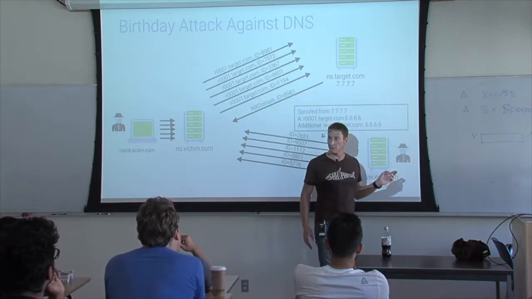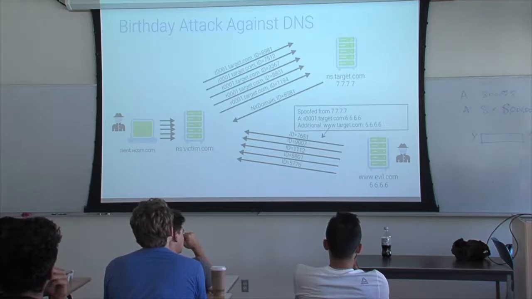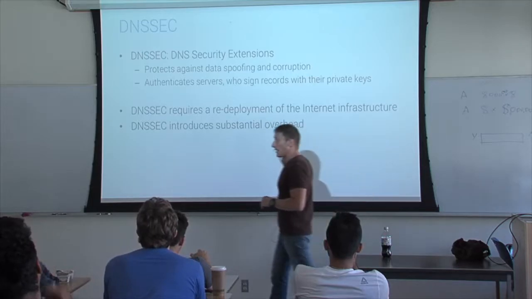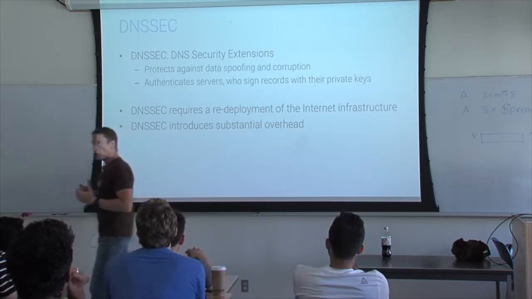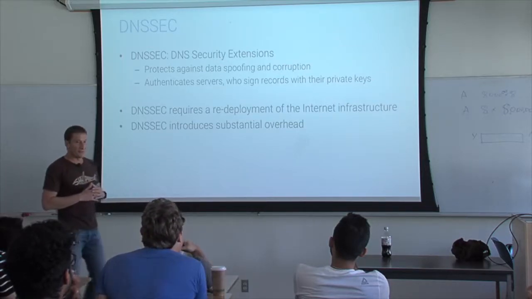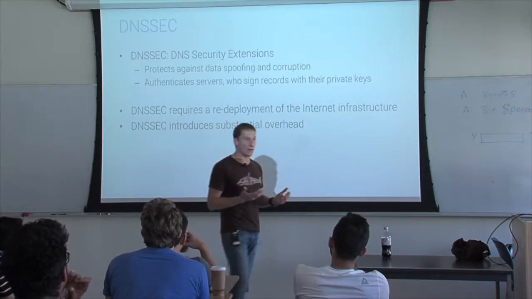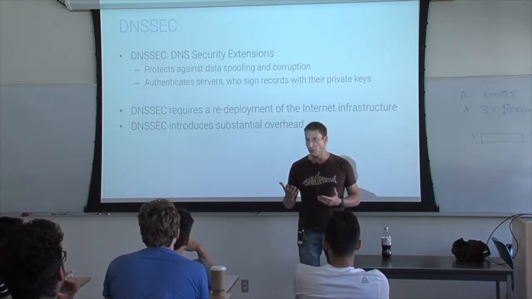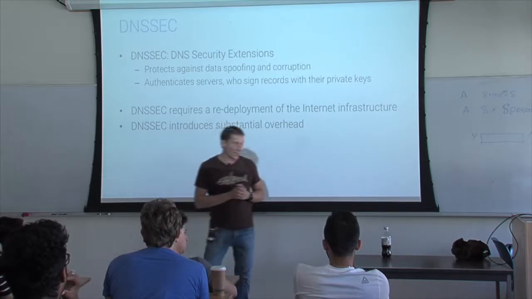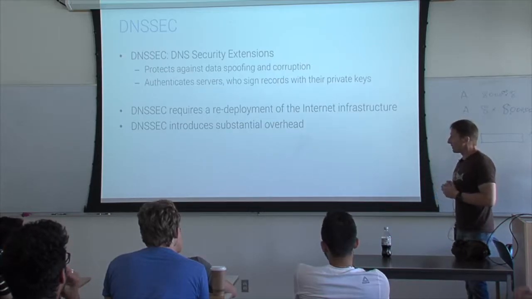Is that clear? Awesome. Of course, this created a lot of panic on the internet, and this gave a big boost to DNSSEC. We will not go into the details, but the basic idea of DNSSEC is to fundamentally sign your DNS information so that you can verify using cryptography, and not just very spoofable IDs and other unreliable information, where your information is.